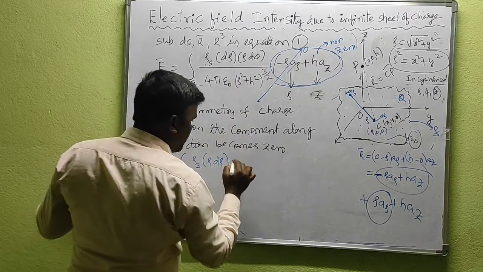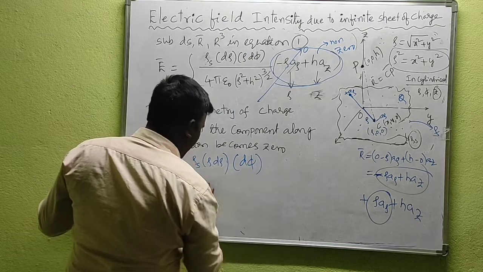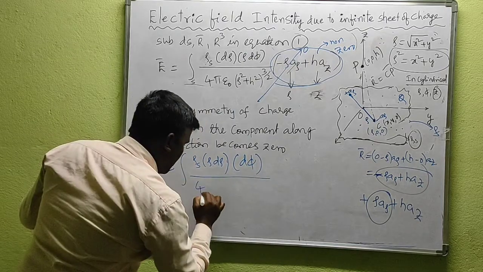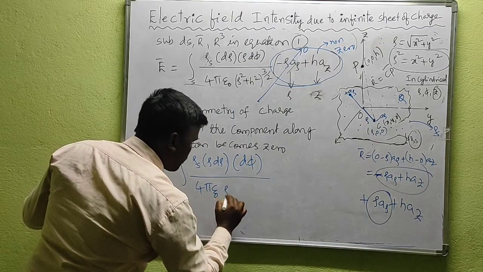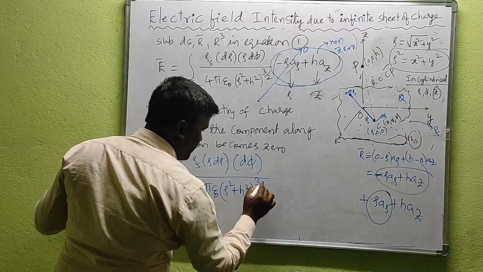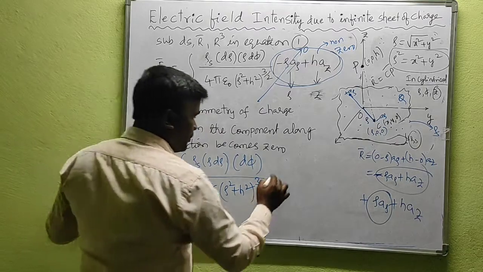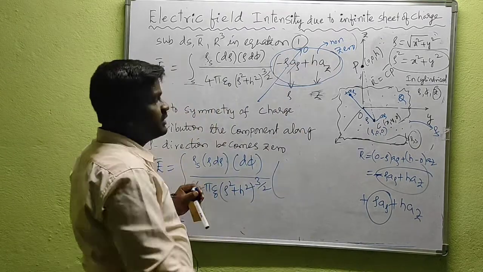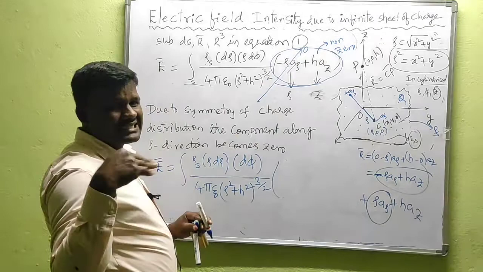And what about the phi component? That is d phi divided by 4 pi epsilon naught, rho square plus h square whole power 3 by 2, into, this should be 0. Why should this be 0? Because of the symmetrical charge distribution.